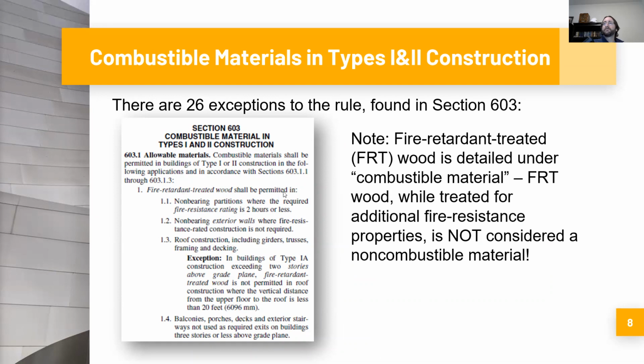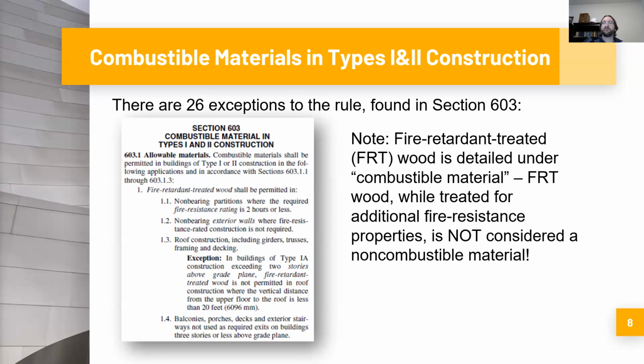Now, it's important just to understand that fire retardant treated wood is detailed under the combustible materials. So it's number 1 in the combustible material allowed, which means that fire retardant treated wood, while treated for additional fire resistance properties, is not considered a non-combustible material.